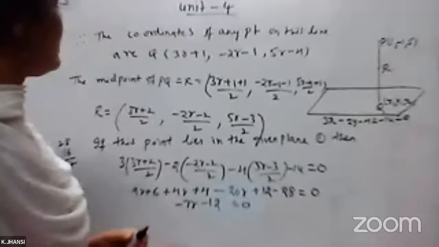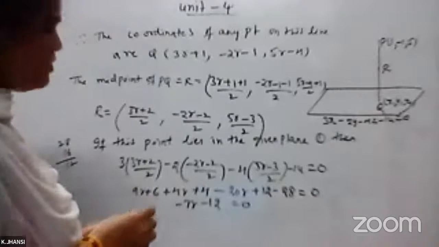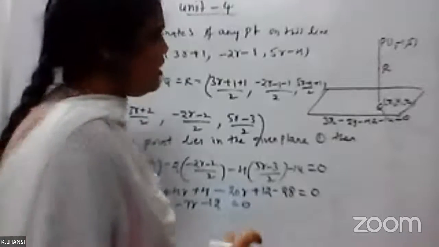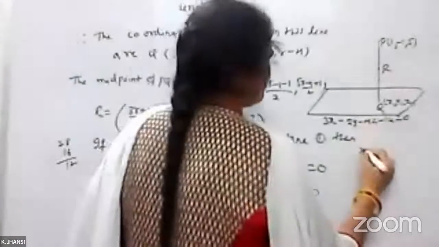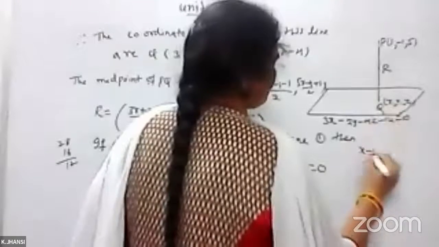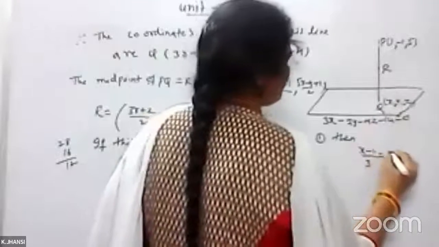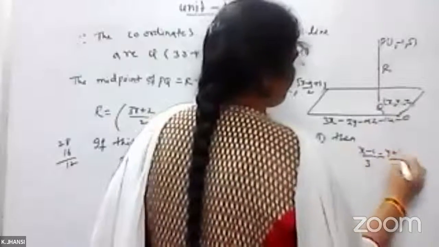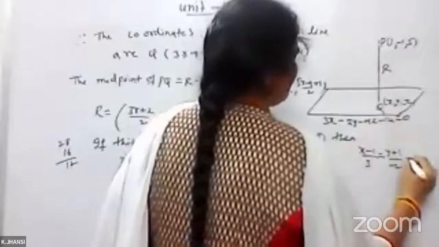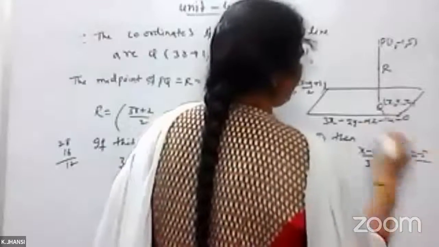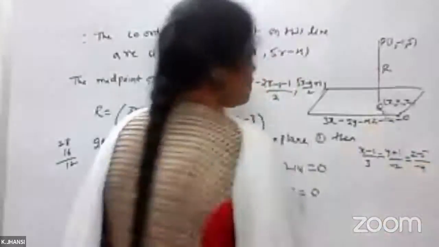Coordinates of the point 3R plus 1. What did we get for the equations? x minus 1 by 3 equals y plus 1 by minus 2 equals z minus 5 by minus 4.